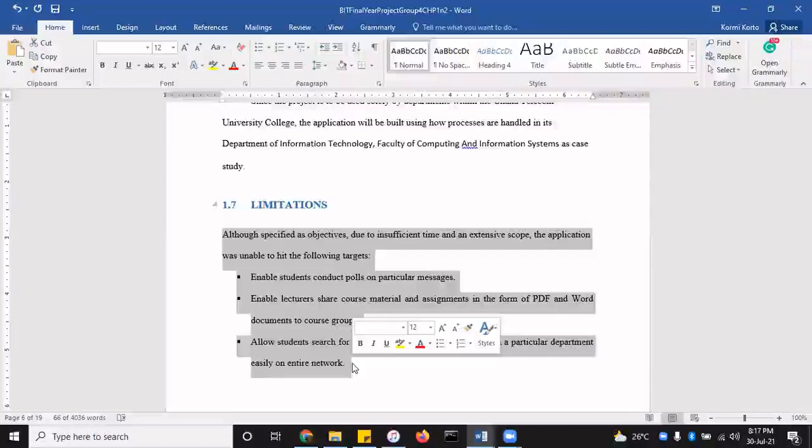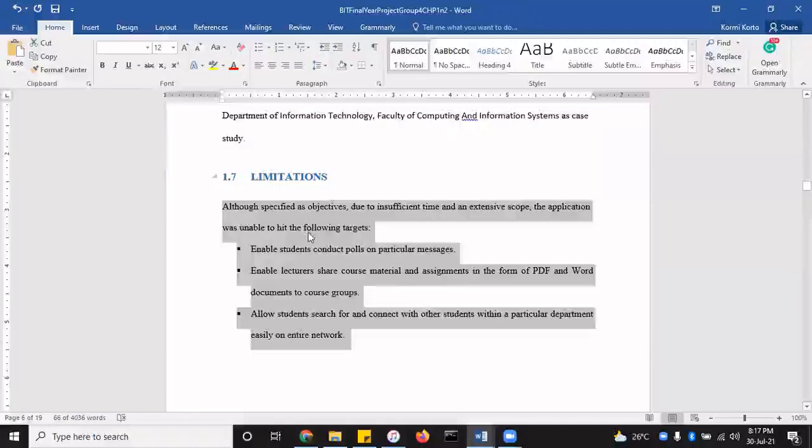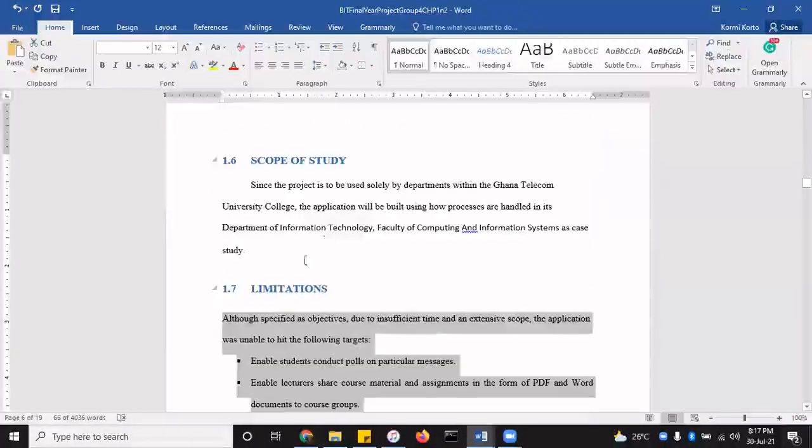Write sentences and put them in paragraphs. That should be your focus, that's your aim when it comes to your write-up. Limit bullet points, write more English, express yourself. Just put your arguments in paragraph forms. Great. So that would basically cap it off for your chapter 1.